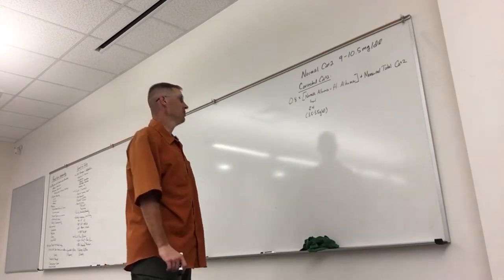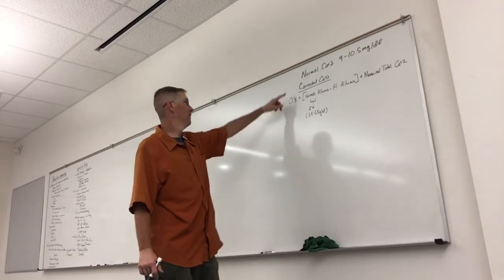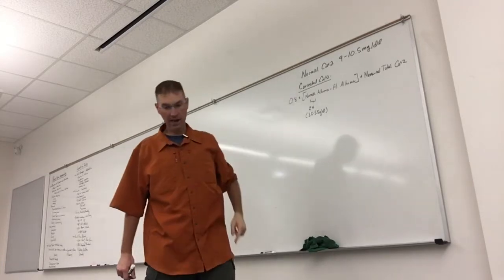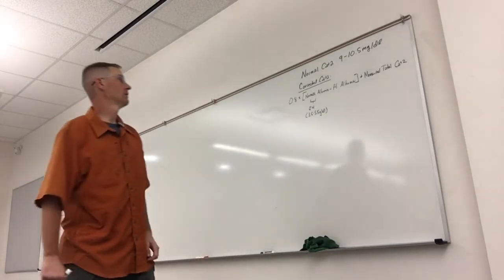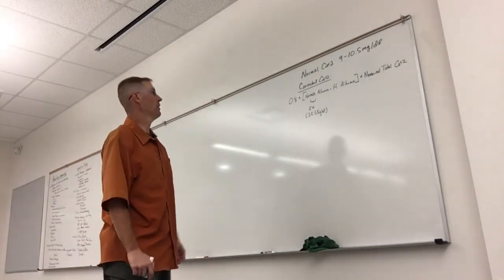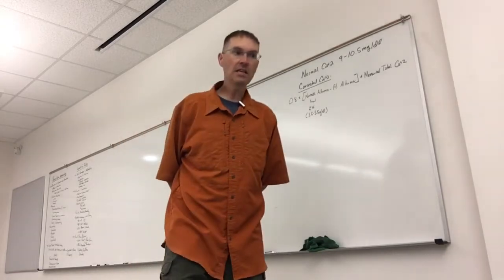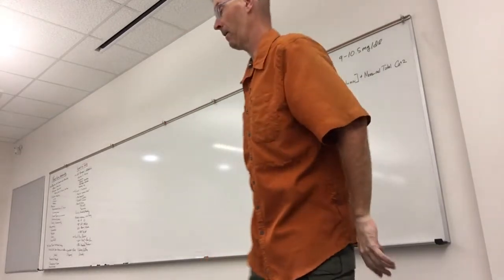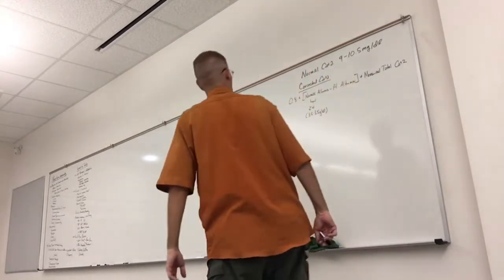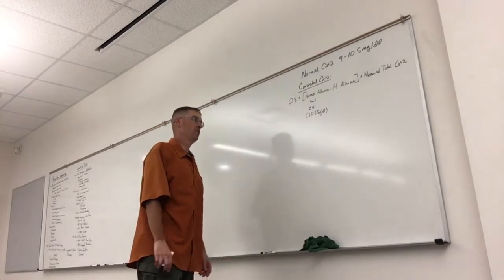So if somebody has an abnormal calcium, particularly if it's abnormally low, we need to look at the patient's albumin and see if the albumin may account for what we're seeing. We need to correct for that albumin if it's abnormal.